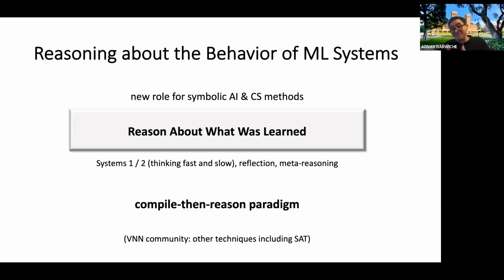What I discussed is what I would call the compile-then-reason paradigm, because it is based on making a commitment: I want to compile into tractable circuits. You don't have to, by the way. There is a whole area known as the verification community of neural networks and so on, which plays this game without necessarily compiling into circuits, right? They use other tools like SAT, SMT, and so on.